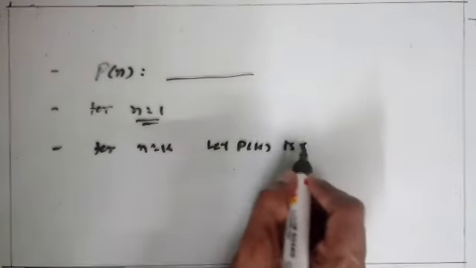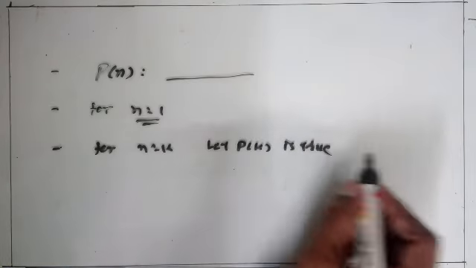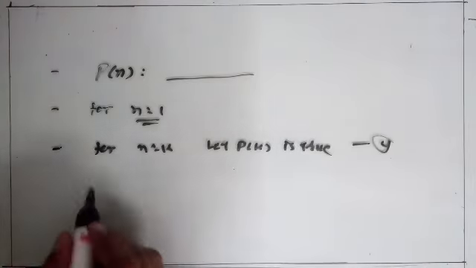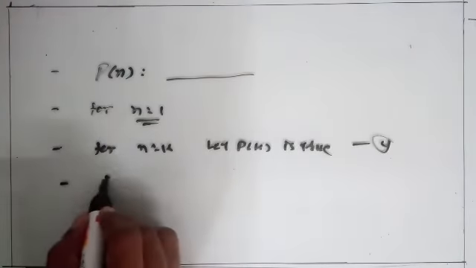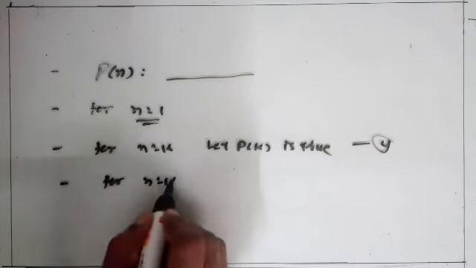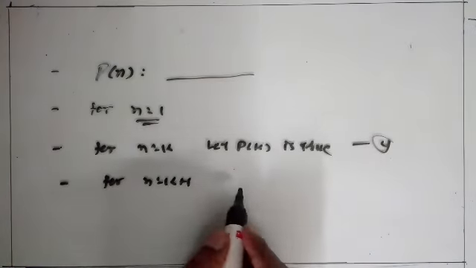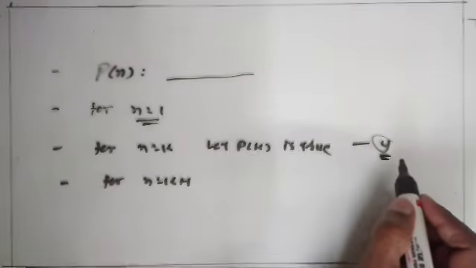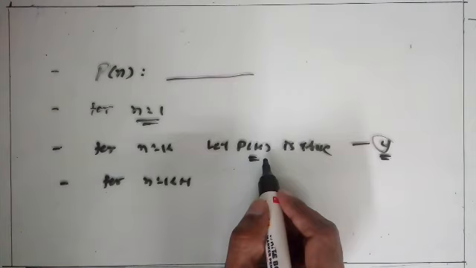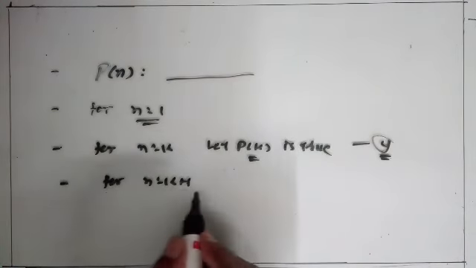Take this as result number 1. Now for n is equal to k plus 1, using Pk, we prove this for n is equal to k plus 1.